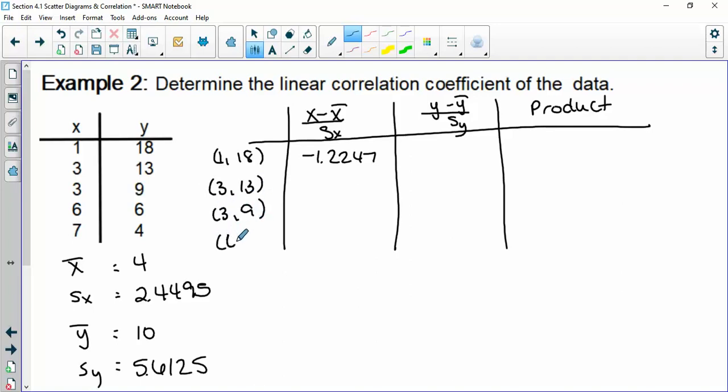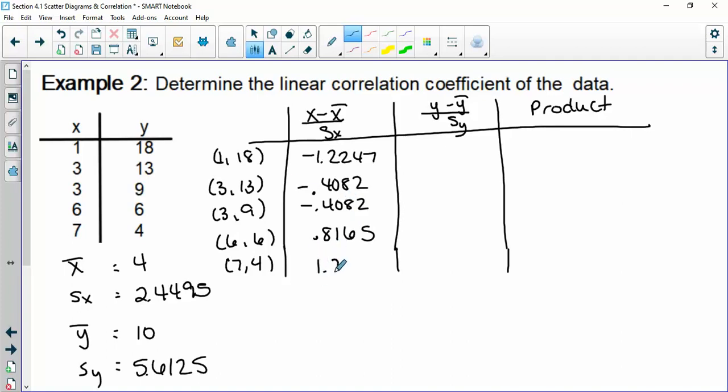I don't have to retype everything. And then when you do the y's, we're doing the same thing, but it's the y value of the ordered pair minus the mean of the y's divided by the standard deviation of the y's.